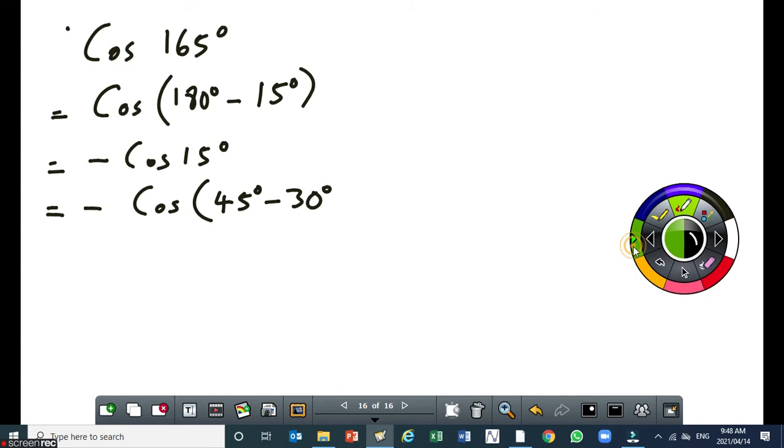Whilst you are doing this question, you need to be aware that there is a minus here, a minus 1, which is a coefficient. So you need to be very careful of that.